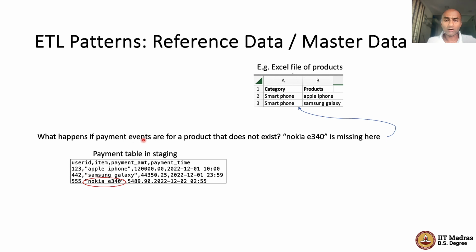Whereas the developer has modeled all of the other tables that he's working with on a database. So when that happens, naturally there could be differences in the version of the truth, right? Business thinks that we are selling only 2 phones, but the website is actually having access to 3 phones. That could be one reason.